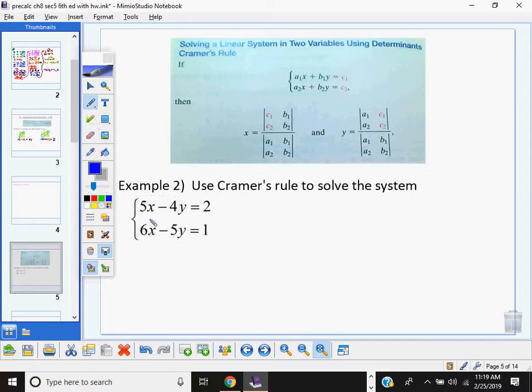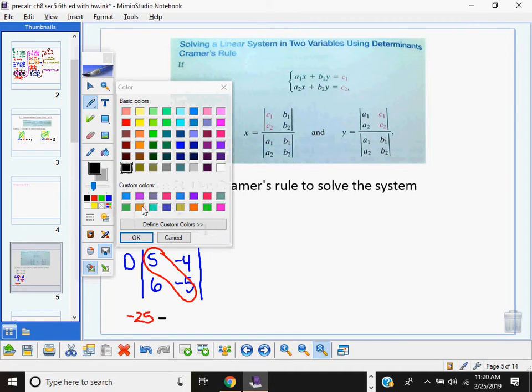So first, I'm going to get just the determinant. So I'm going to set up a matrix D, and I'm going to find just my D. So I'm going to bring down my 5 and my 6, -4, and -5. And I'm going to find the determinant of that. So I'm going to do 5 times -5, which is -25, minus, now we're going to go up.